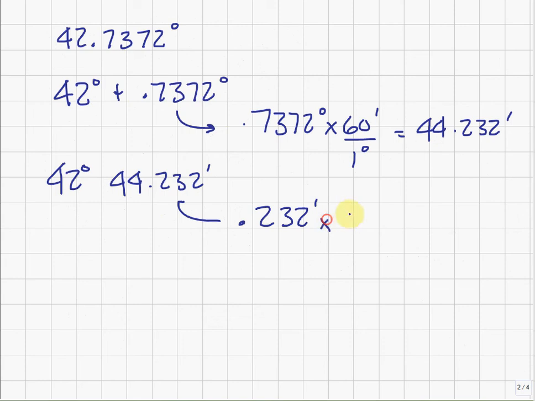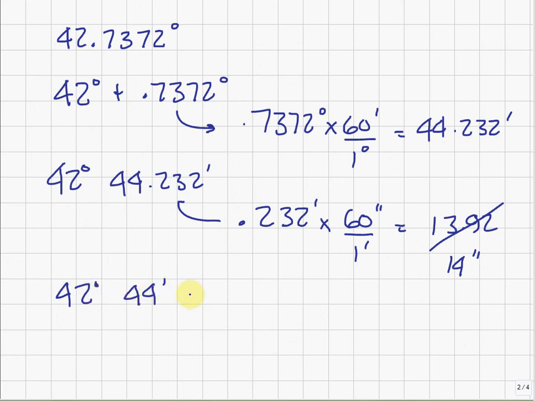I'm going to multiply by 60 seconds per 1 minute, and I come out with 13.92, which for our purposes is 14 seconds. And so my conversion then takes me to 42 degrees, 44 minutes, 14 seconds.